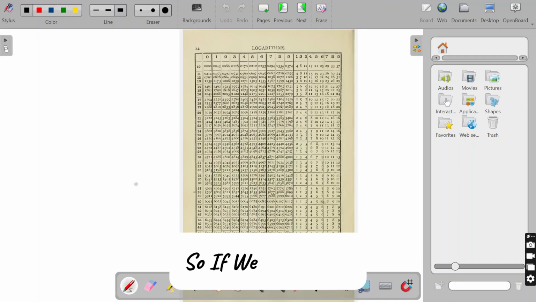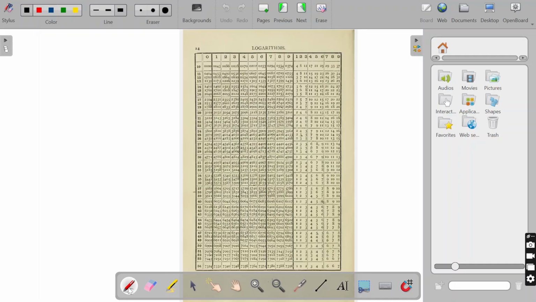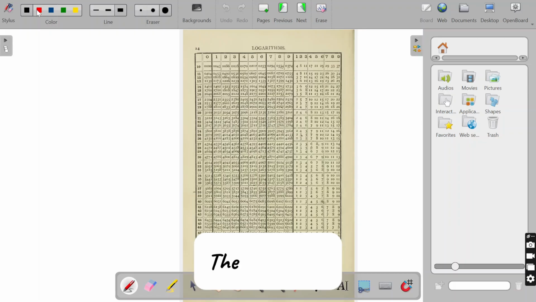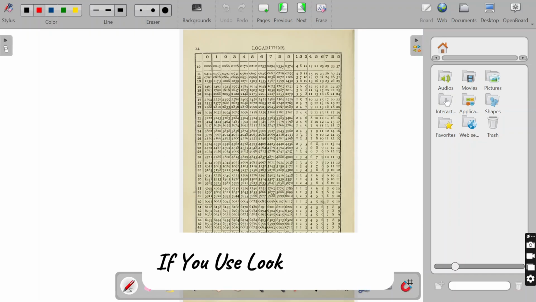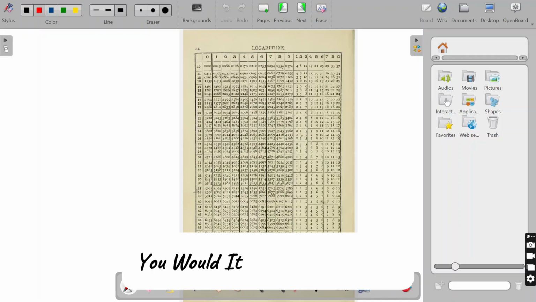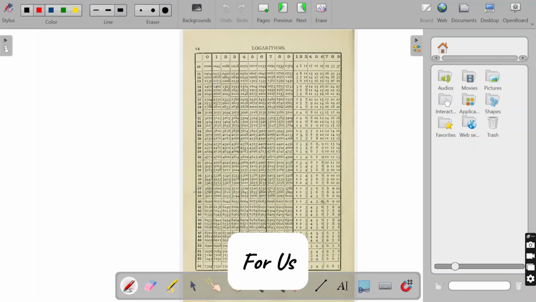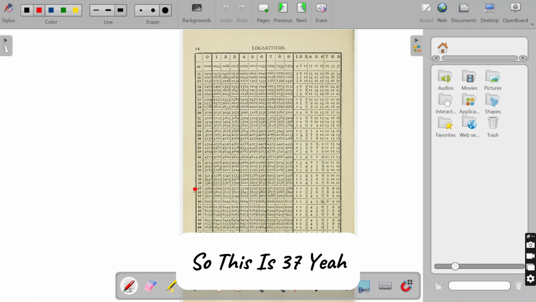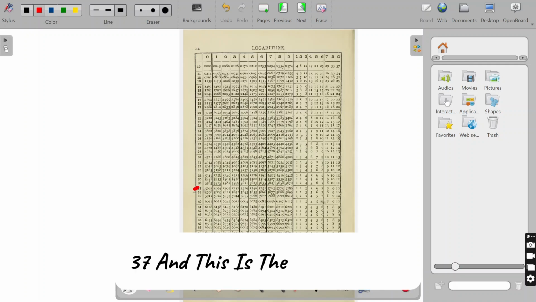So if we look at this 4-figure table, I will use the red color. This is 37 here. Sorry, it's tiny. I believe if you can get an online copy, it will be better for us. So this is 37 here, and this is the number under 0.